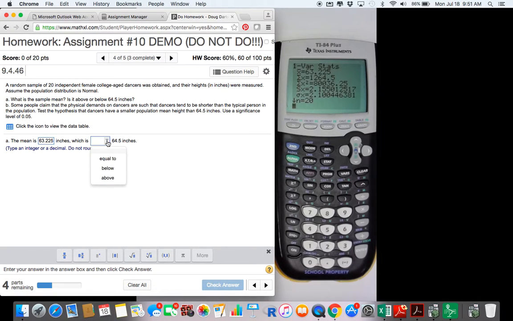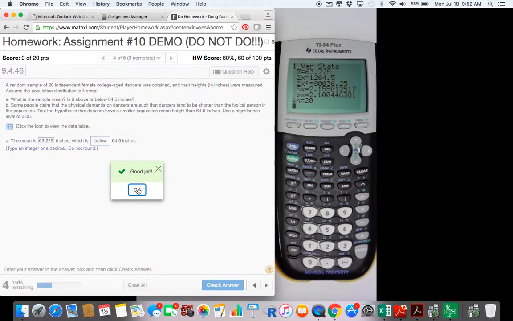And that is less than or below 64.5. Now, I'm going to be able to check if I have a typo. I'm going to get the wrong mean, obviously. Well, not obviously. I could have two typos and they kind of balance out, but that's usually not going to be the case. So I feel pretty good that I got my values entered in the calculator correctly.